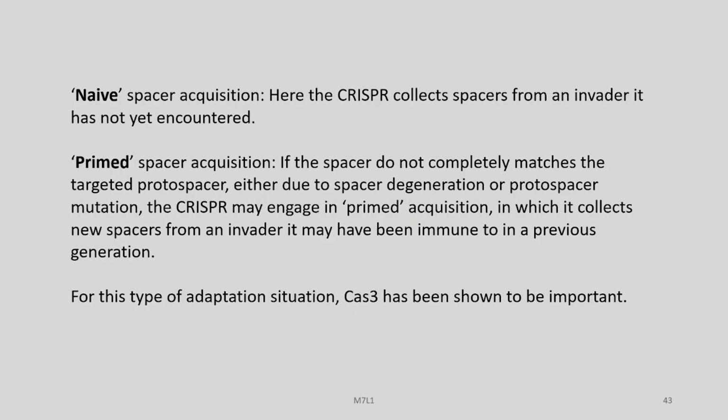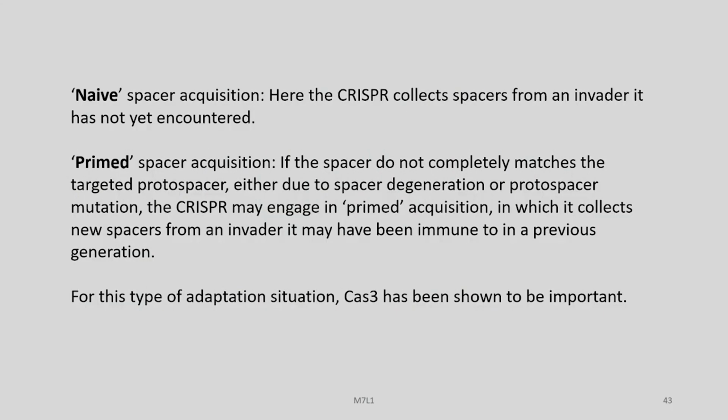While primed spacer acquisition happens when a bacteria encounters a virus which has already attacked it in the past, but due to some reasons the memory may have been lost in certain cases. So, if the spacer does not completely match the targeted protospacer, either due to spacer degeneration or protospacer mutation, the CRISPR may engage in primed acquisition.